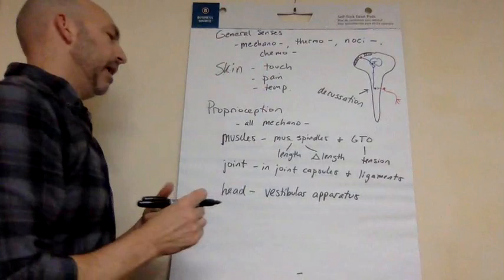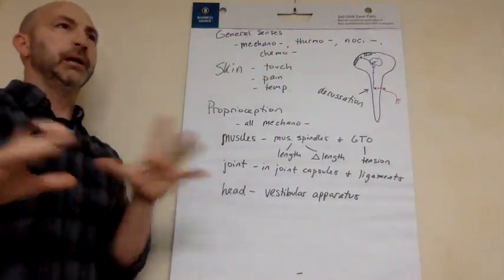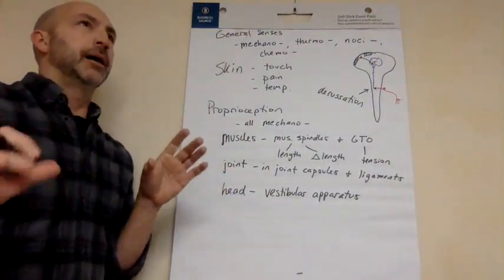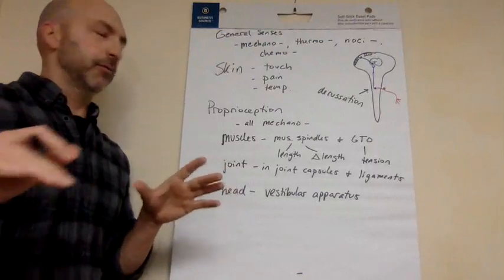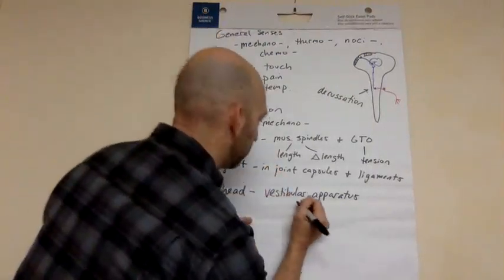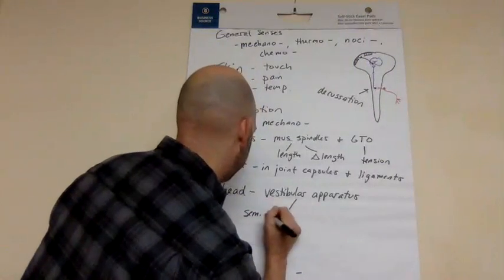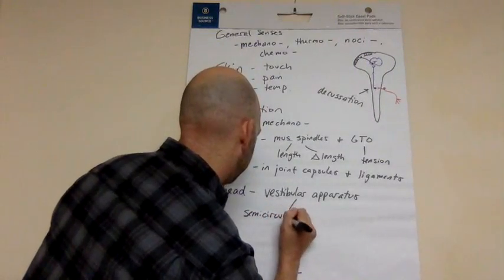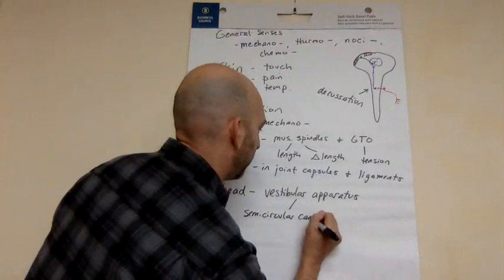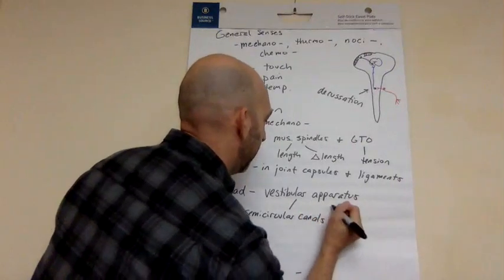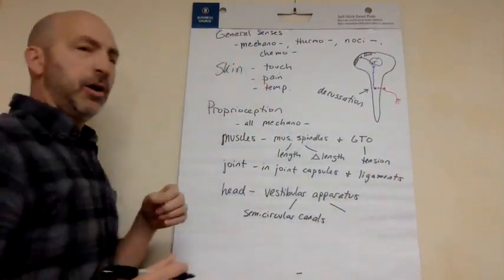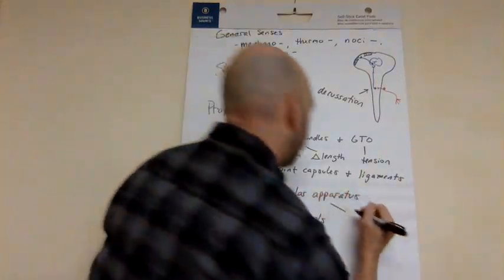And that's really broken up into two main functional regions. One's called the semicircular canals. And the other is called the otolith organs.